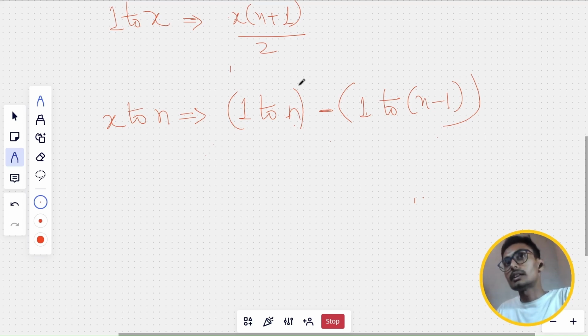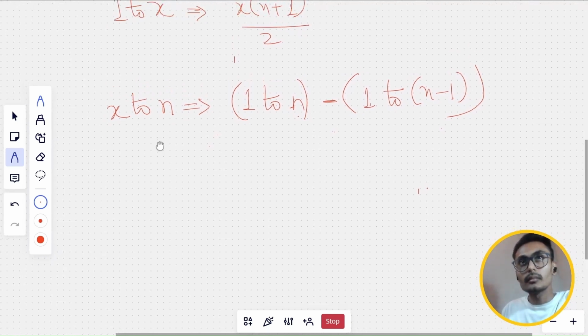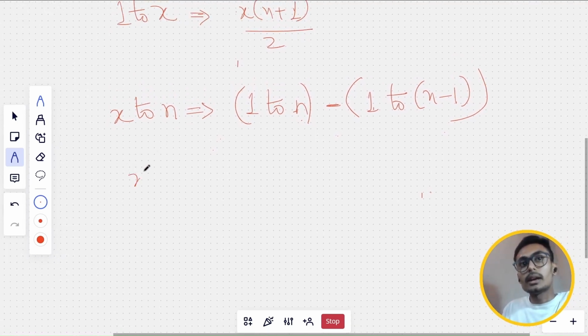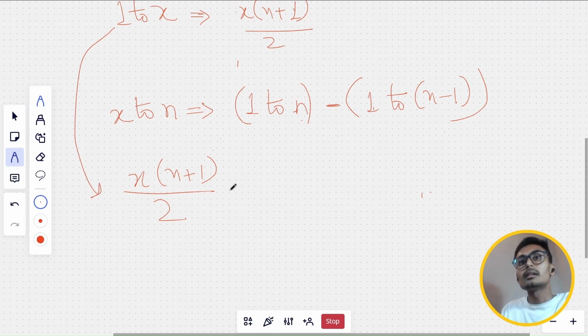We will return -1 in that case. Let's first solve this. x times x plus 1 divided by 2, we first wrote this. Then this will be equal to this, so we will add this 1 to n. What's the formula of 1 to n?